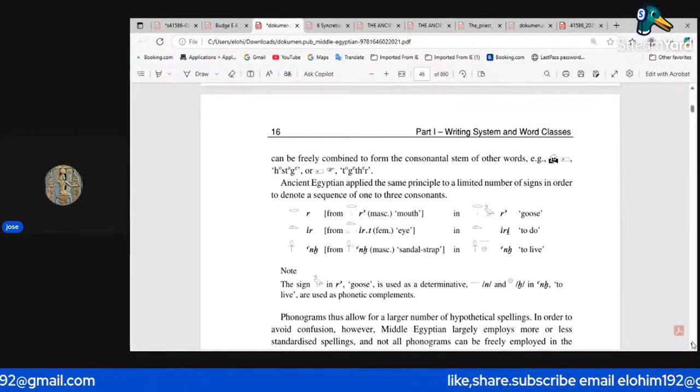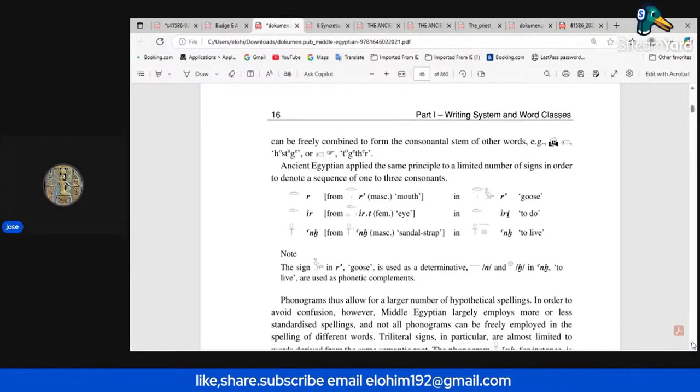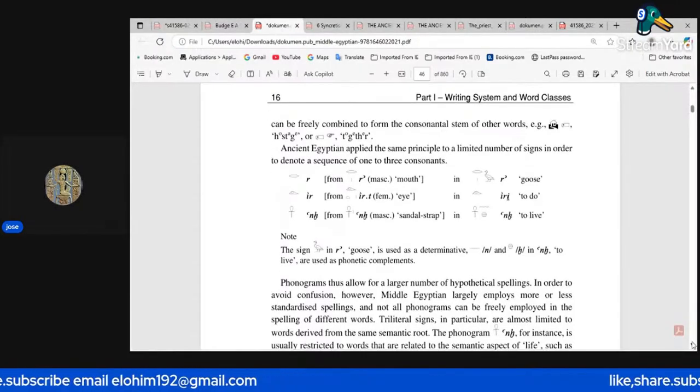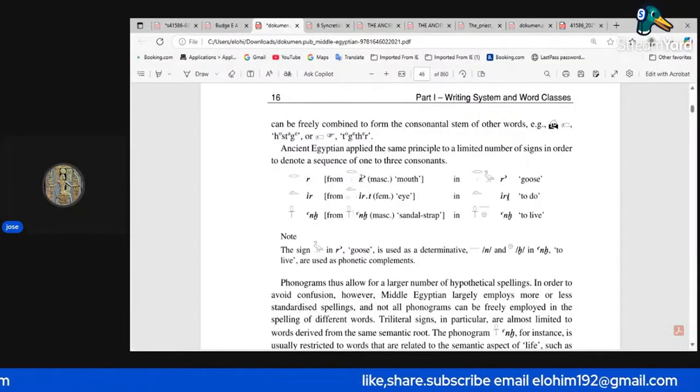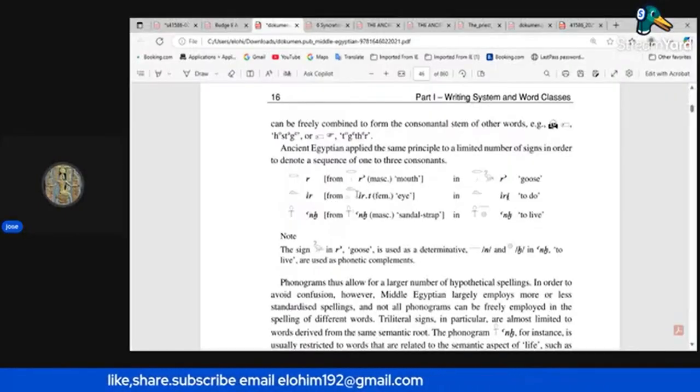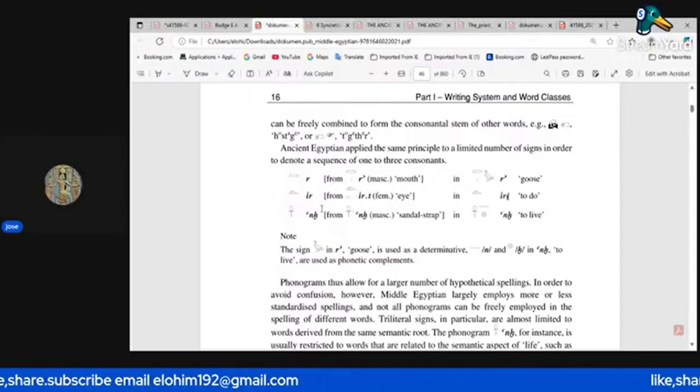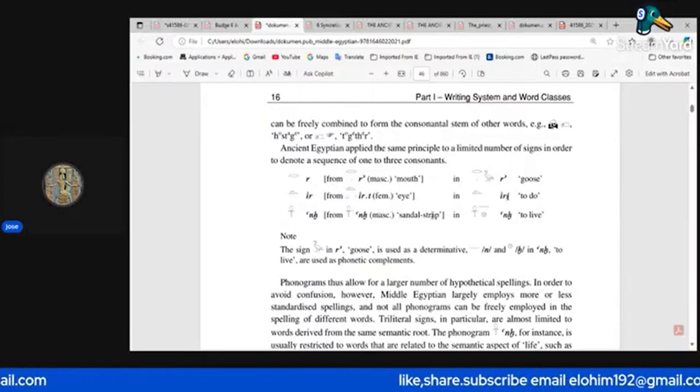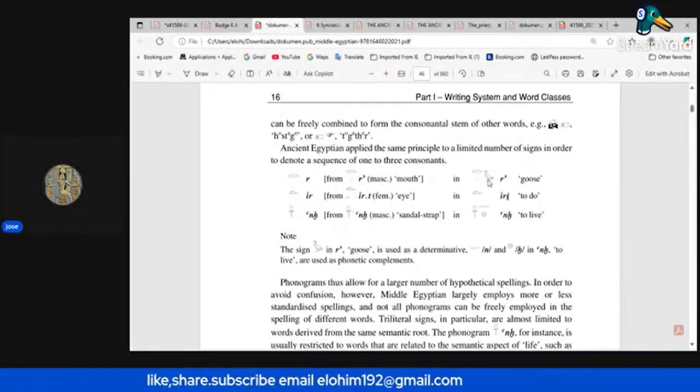Another Kemetic applied the same principle to a limited number of signs in order to denote a sequence of 1 to 3 consonants, right? From ra, mouth. From erit, eye. Onk from onk. They say it's a sandal strap. Ra, which is a goose. Erit, to do.